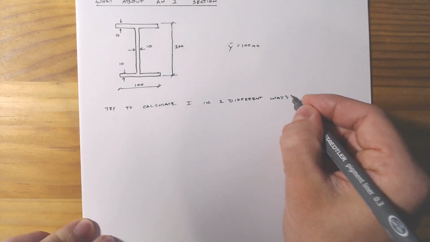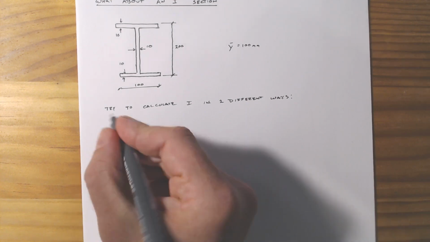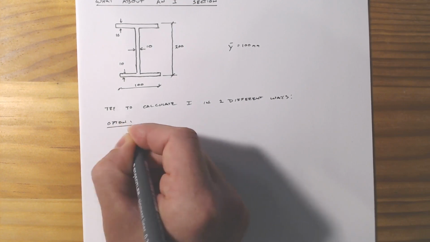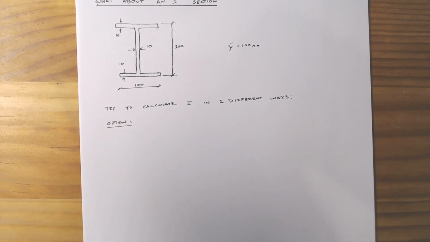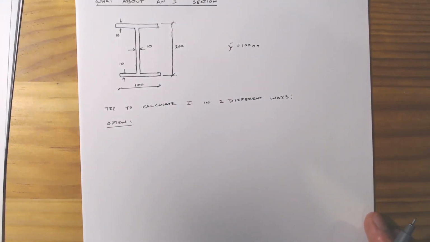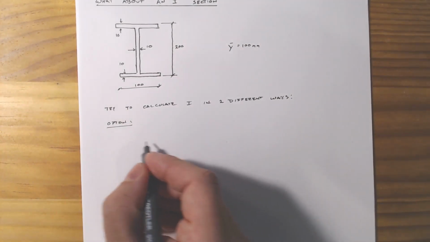All right, so our option number one is we will do much the same as we did here, where we'll pick some components which are effectively going to share the same centroid.